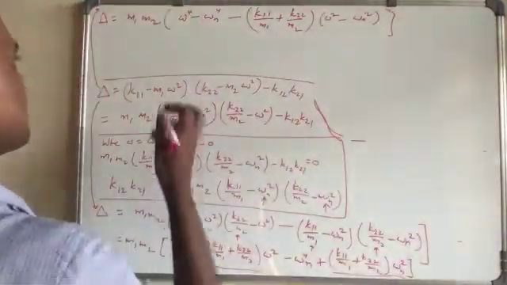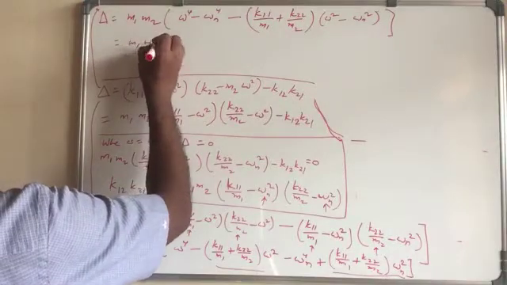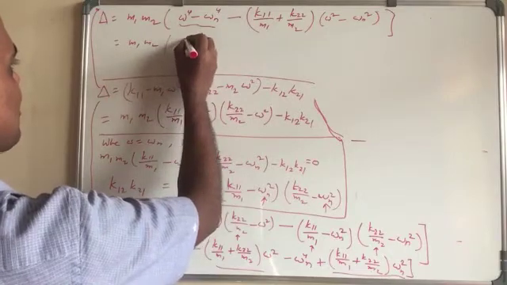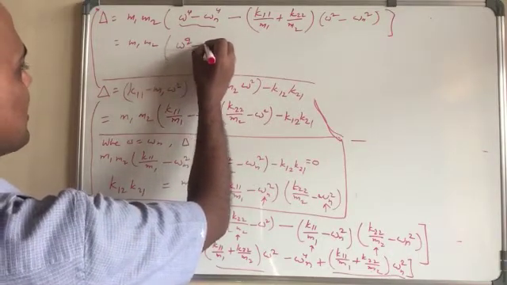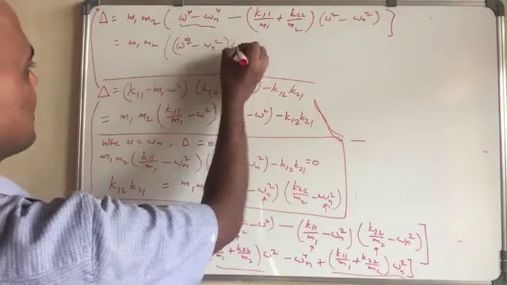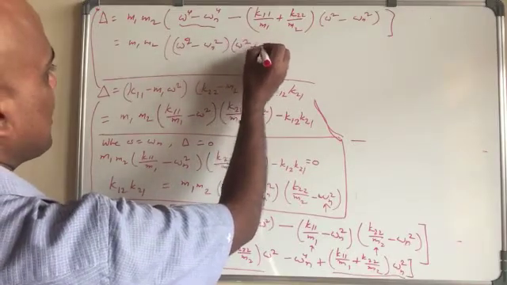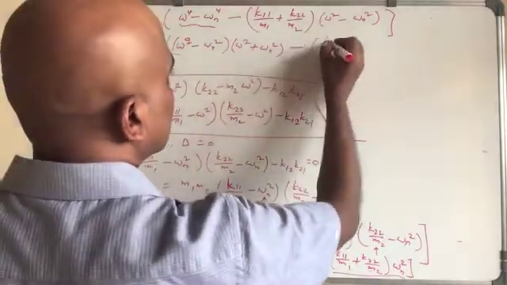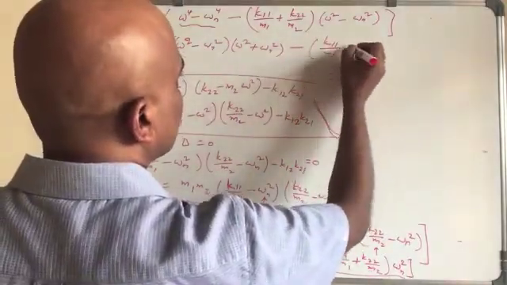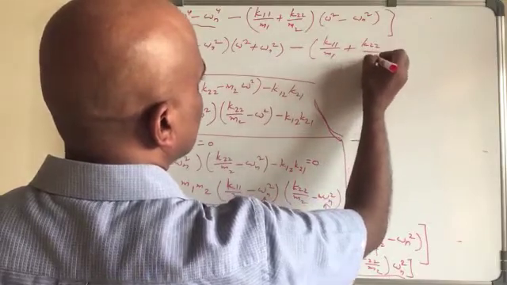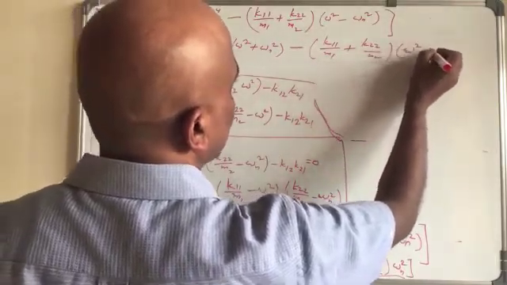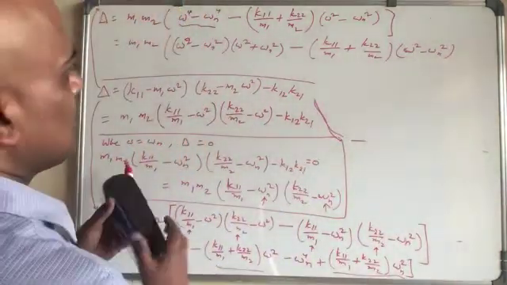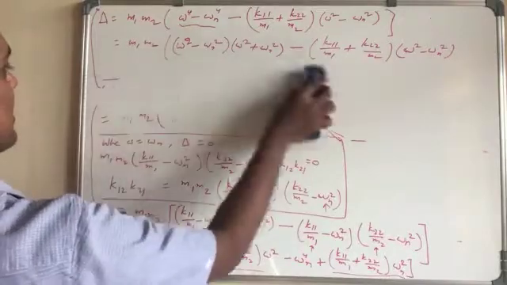Next, m1 m2, this you can also expand as omega square minus omega n square multiplied by omega square plus omega n square, right? So minus k11 over m1 plus k22 over m2 times omega square minus omega n square.